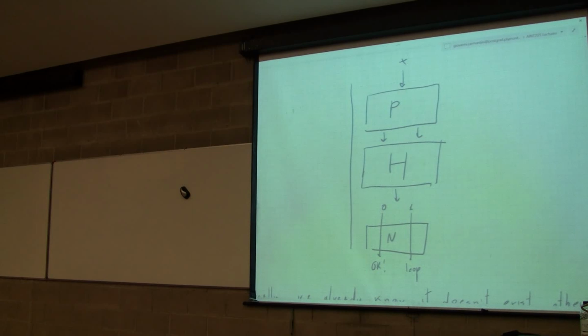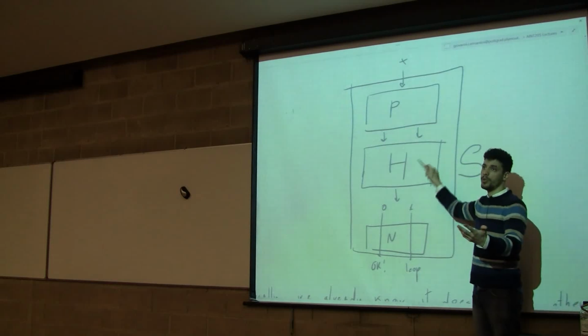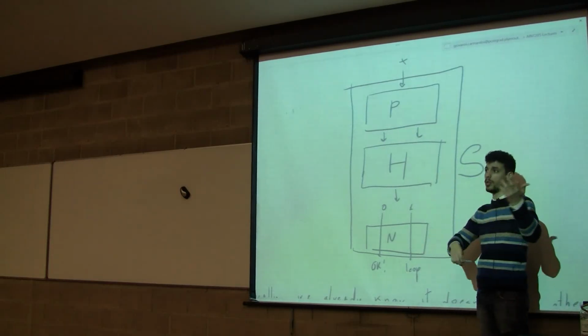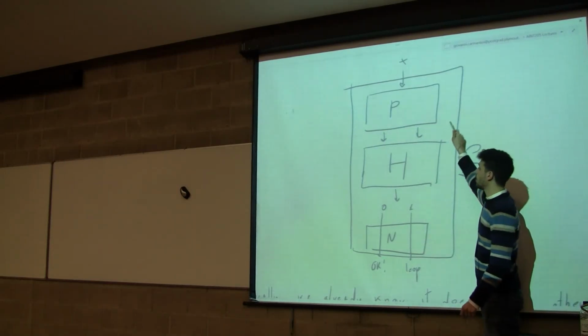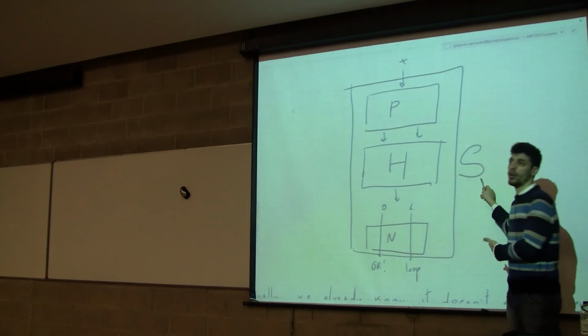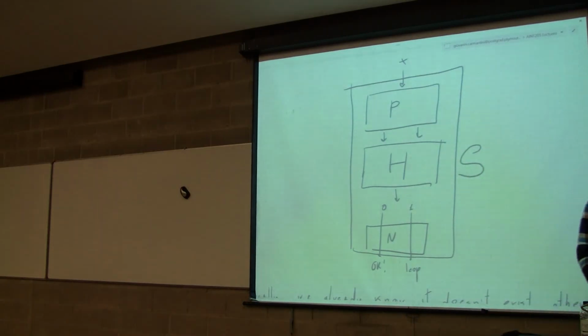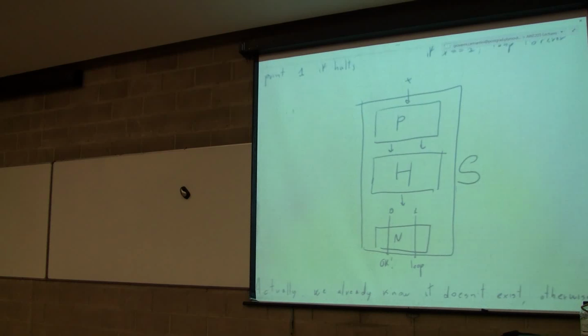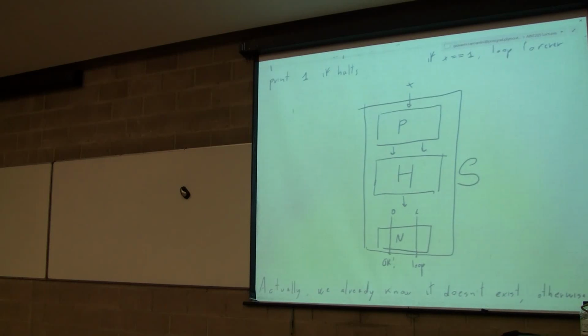But this is now another Turing machine, right? So this is another algorithm. You can think about this machine as being machine S. You can think about these as subroutines. I showed you that you can have subroutines in Turing machines, right? And this is just another Turing machine. We call it S. So what happens if you feed S to S?